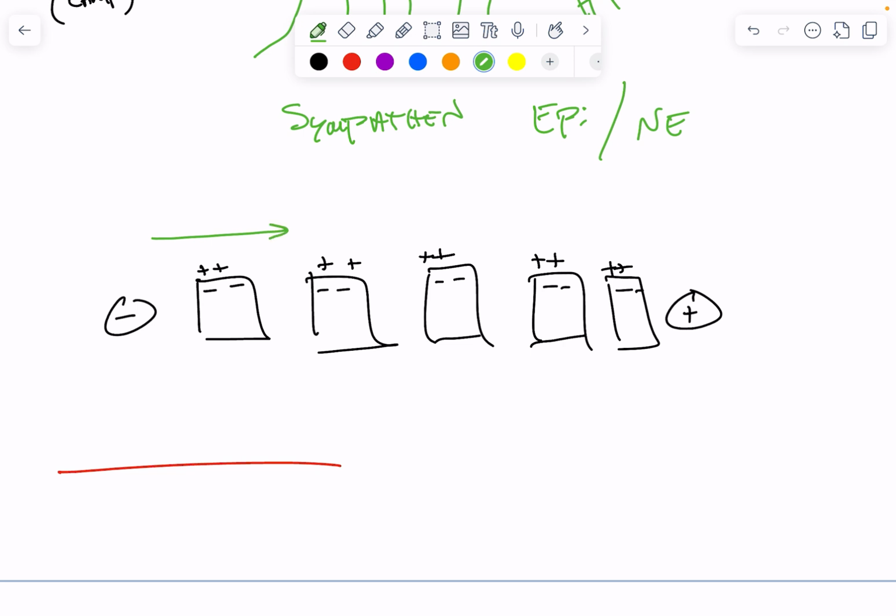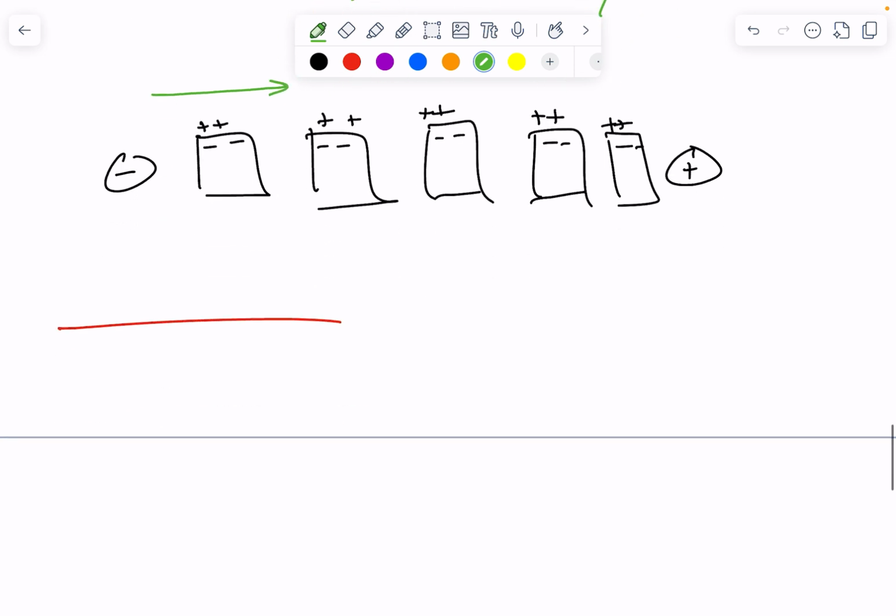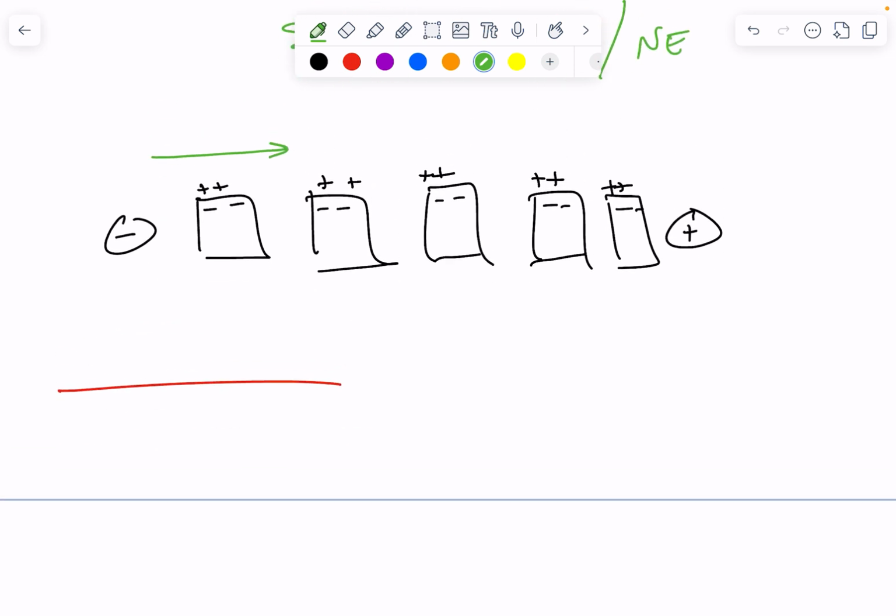As the electric current moves through the heart cells, they are going to change in their polarization. At this point, before anything has happened, all the cells are at rest, so all you're going to see is just a flat line.